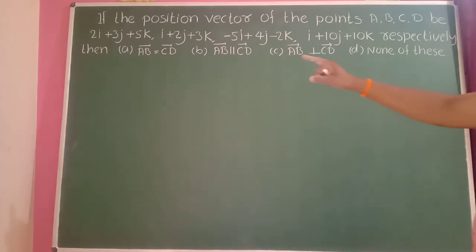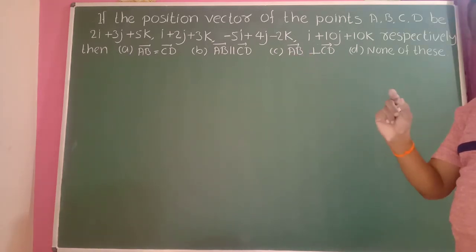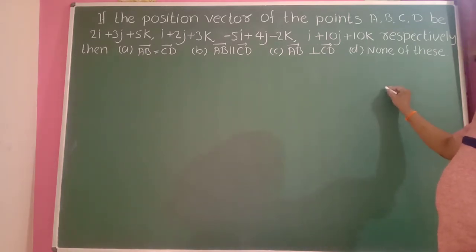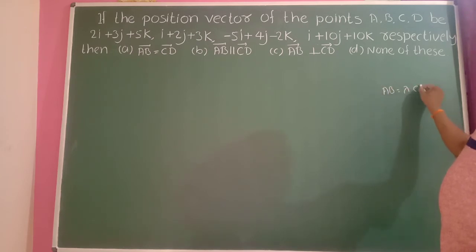Here, first option AB is equal to CD means both the vectors are the same vectors. AB parallel to CD means the condition is satisfied: AB is equal to lambda times the vector CD, or CD is equal to lambda times the vector AB.